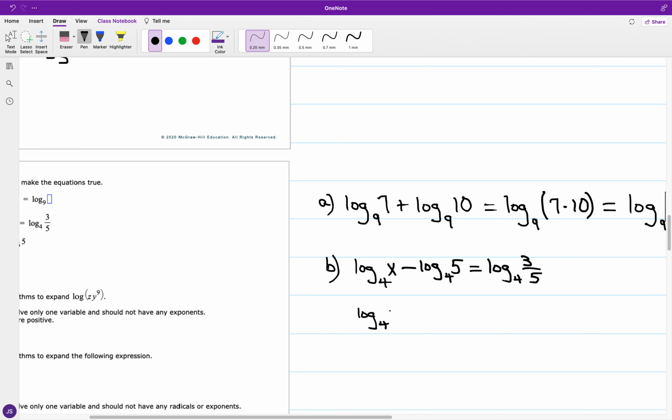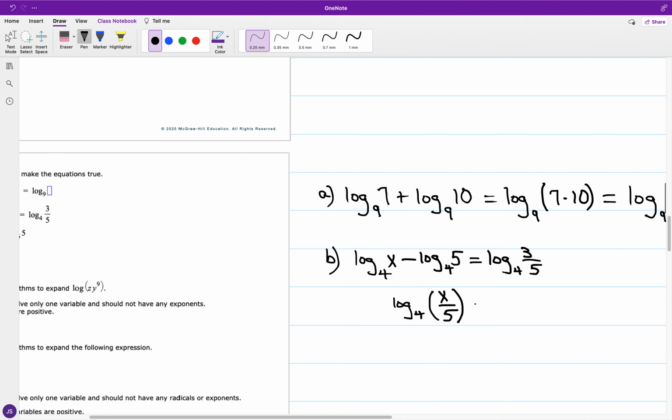Subtraction implies division, so the base 4 logarithm of x over 5 is equal to the base 4 logarithm of 3/5. A difference of logarithmic terms implies division.